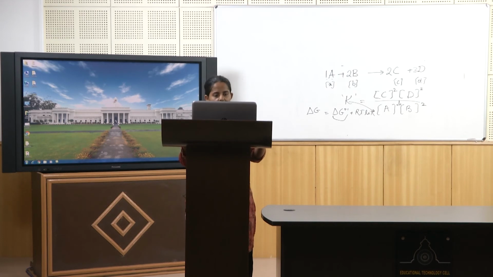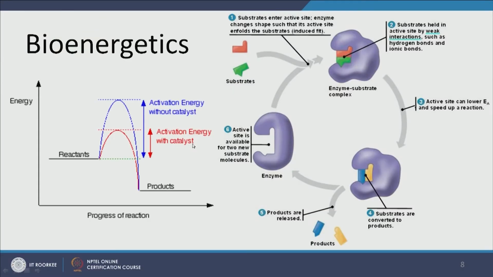Now, how do these enzymes and catalysts work? One of the key features of catalysis or enzymatic action is that at the end of the reaction, the catalyst and the enzyme will be recovered completely. And thus, let us say we have this enzyme on the right side, and this is its shape. So, when it is done catalyzing, we should come back to this exact state so that it can catalyze another reaction.